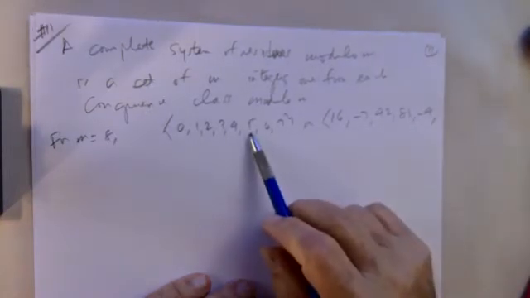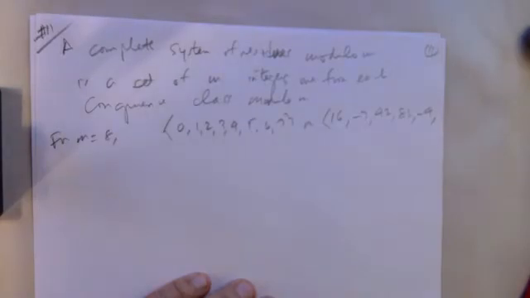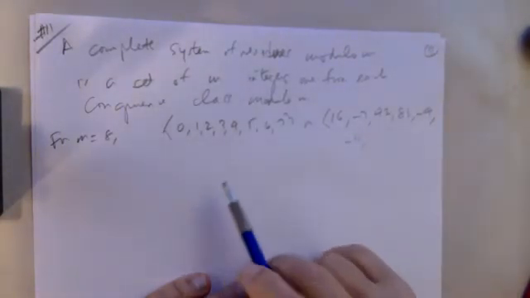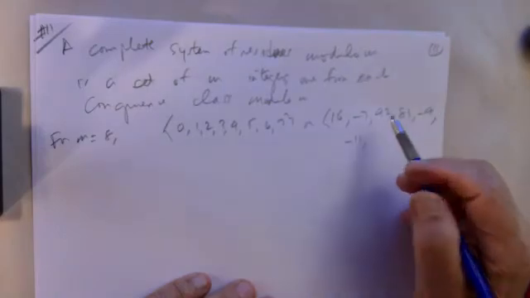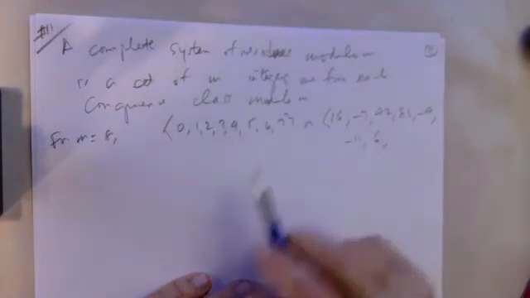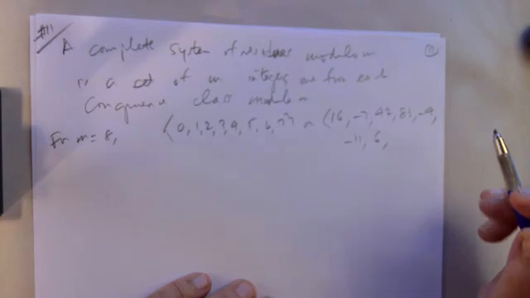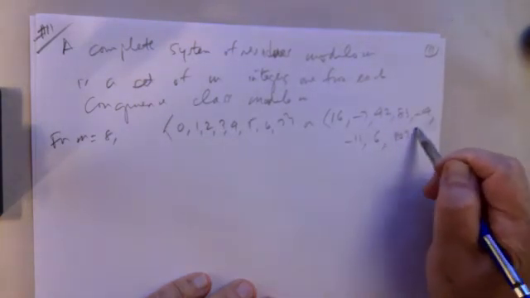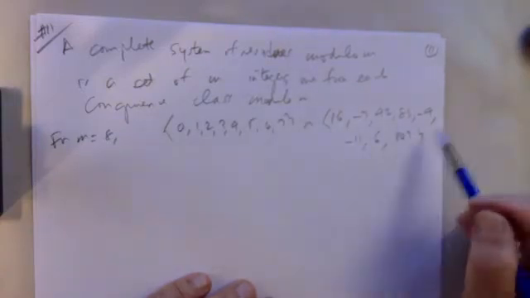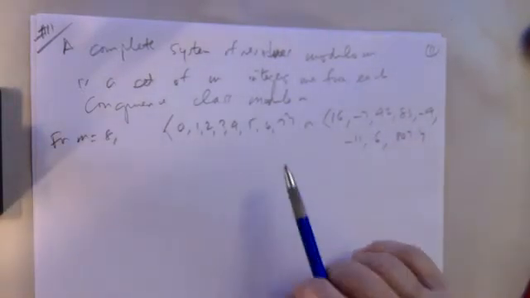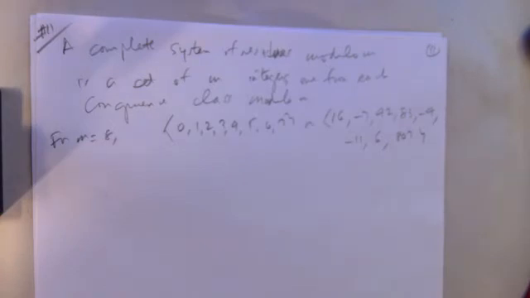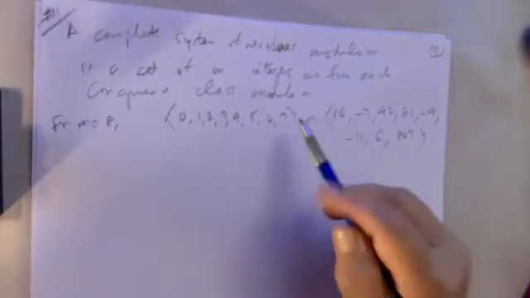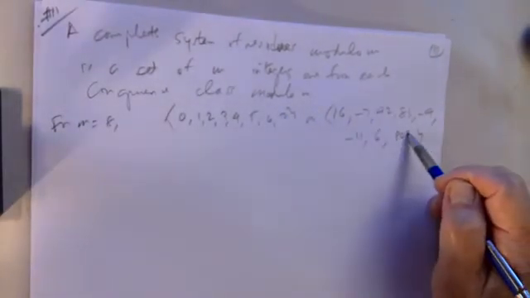Any number congruent to 5 mod 8: -11. Any number congruent to 6 mod 8: well, 6, why not? Any number congruent to 7 mod 8: 807. So these 8 numbers are another complete system of residues mod 8. There's one from each congruence class. Right? That's all it is.